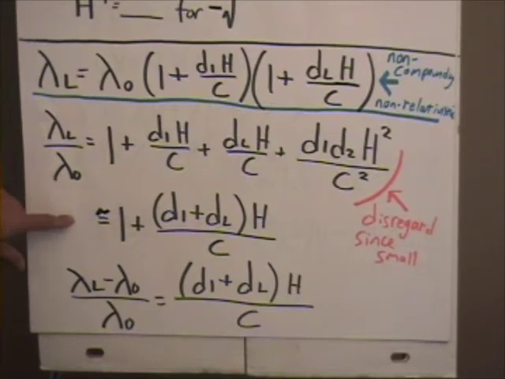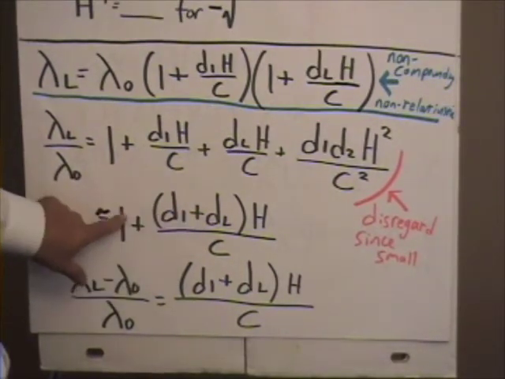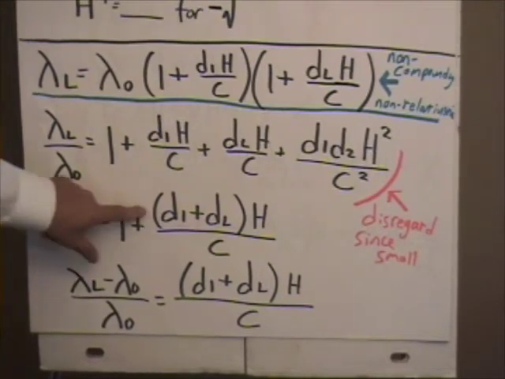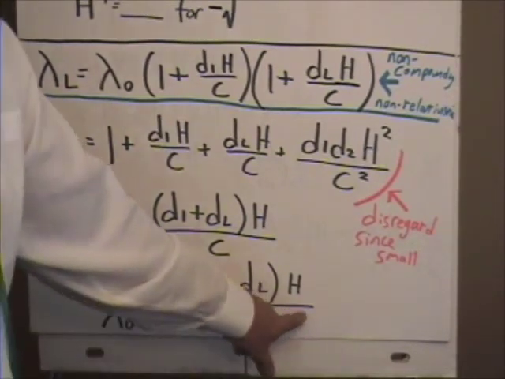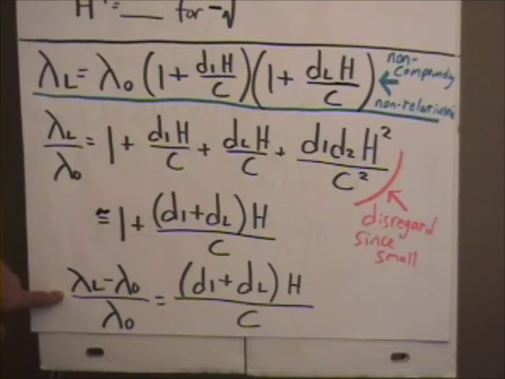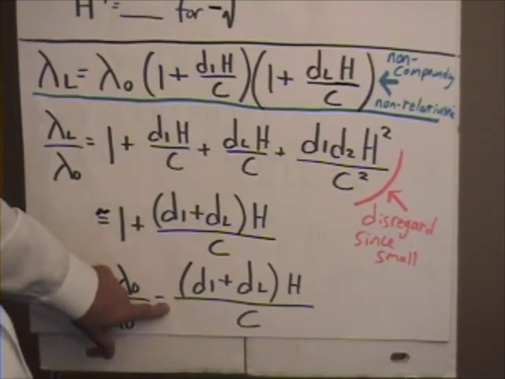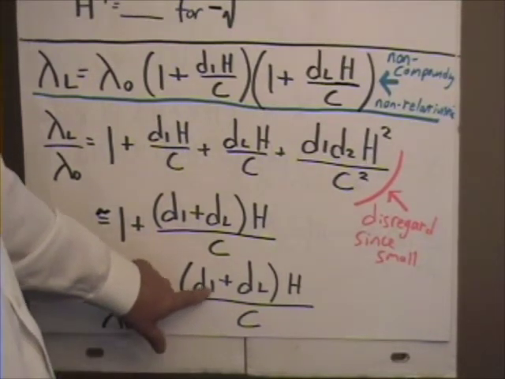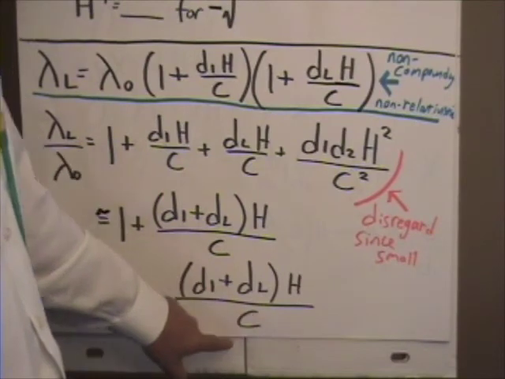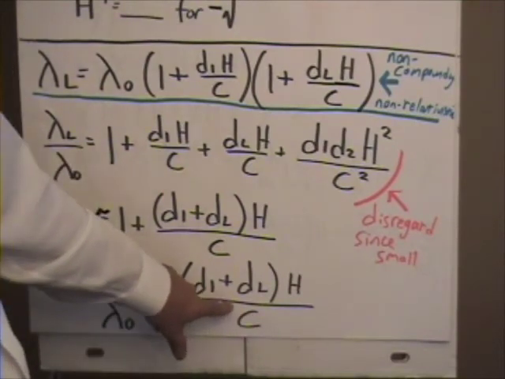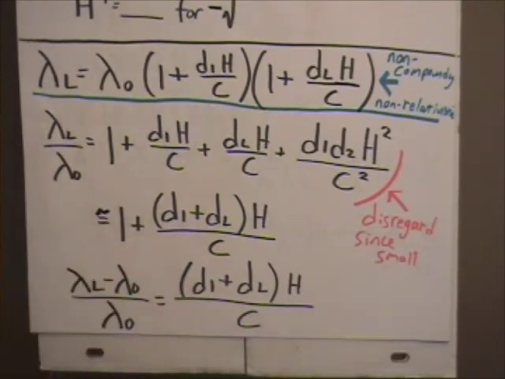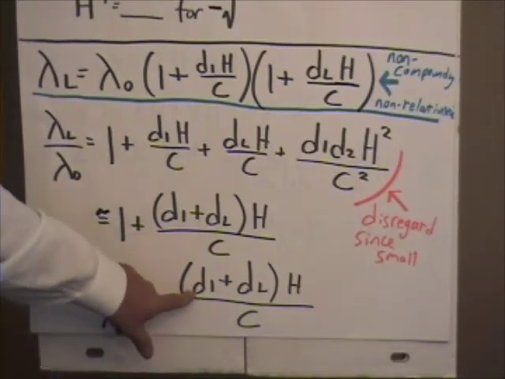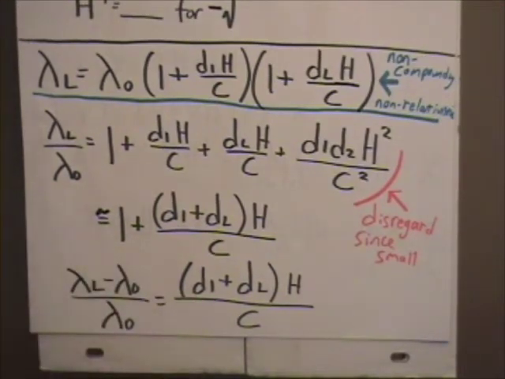And then multiplying both sides by the initial wavelength, and then subtracting the initial wavelength, and then dividing, gives us this recognizable kind of formula, which is the redshift equals, and then in this case, d1 plus dL times H over c. And we still don't know what dL is, so we'll take care of that on the next page.